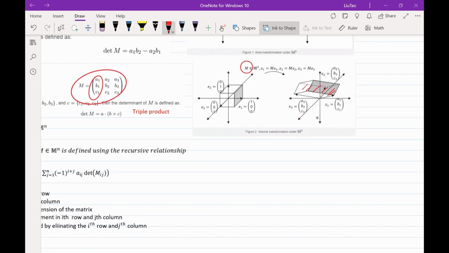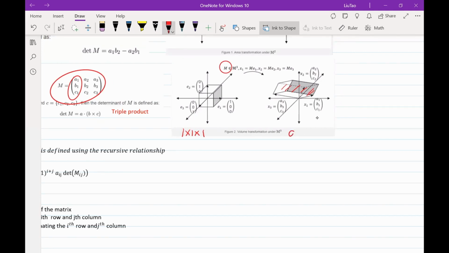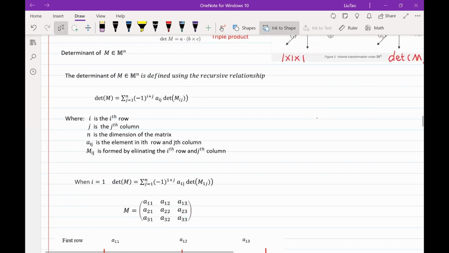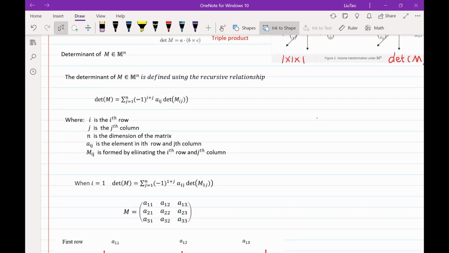In the input space, the volume created by E1, E2, and E3 is equal to 1 times 1 times 1, which is 1. And in the output space, the volume is the determinant of M. So this is simple. And what if we have a higher dimension?